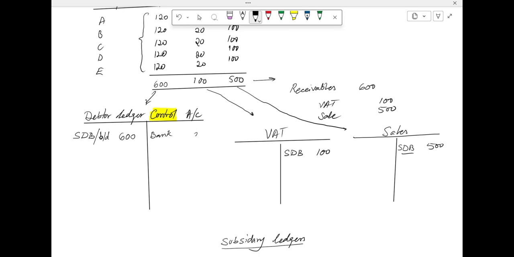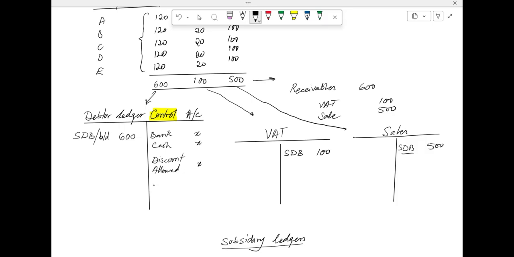Bank balance will appear on the credit side because it will reduce my receivables balance. I will also record cash on the credit side. I will record the discount allowed on the credit side because it reduces my receivables balance.